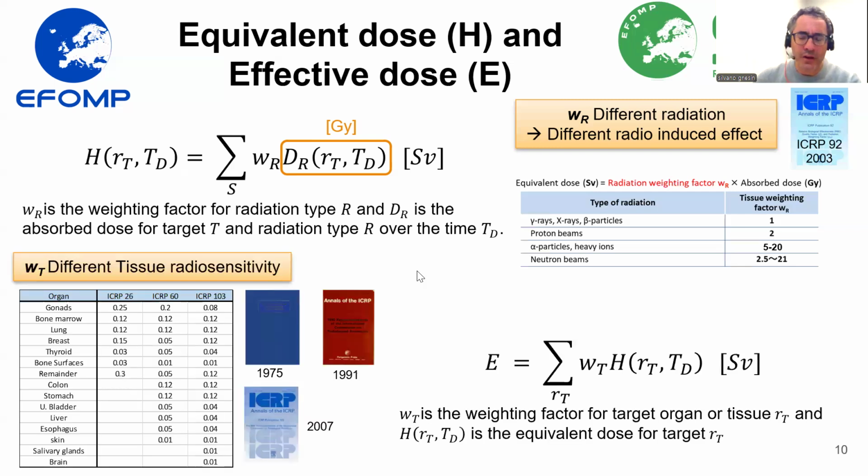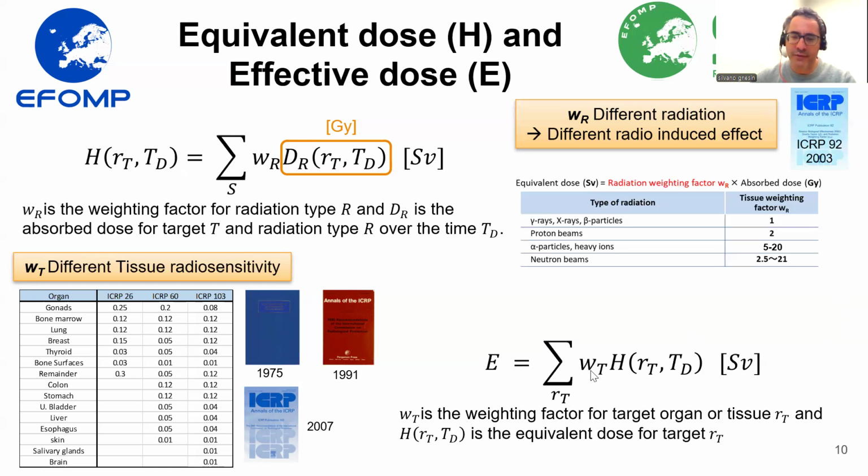And also we have the effective dose, which is the extension of this concept, when we also consider that different tissues in the body have different responses to a certain amount of absorbed dose. Then we weight the equivalent dose with the tissue weighting factors W_T to obtain the effective dose.